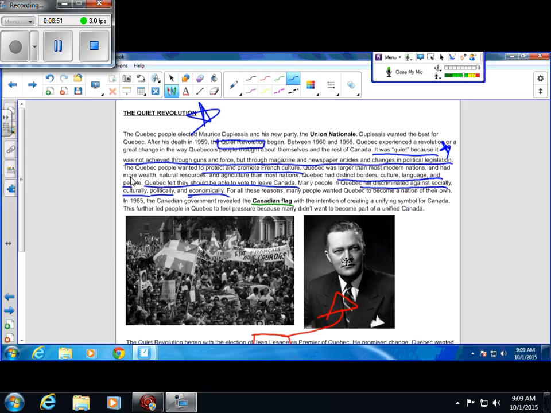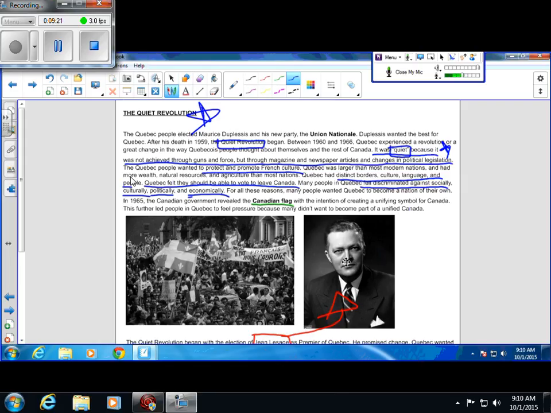So again, the Quiet Revolution. Why was it called the Quiet Revolution? Usually when you hear the term revolution, it means an uproar, protesting, violence, angry people trying to make change. But this was different. It's called the Quiet Revolution because it was achieved not through guns and force, but through change by magazines and newspaper articles.